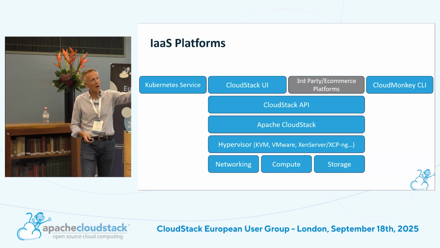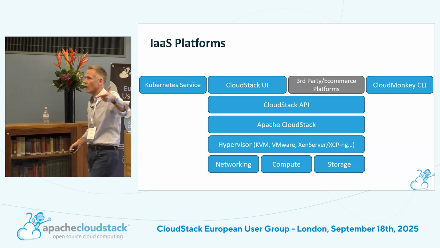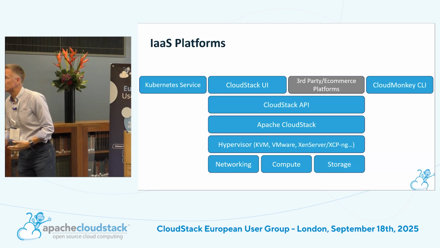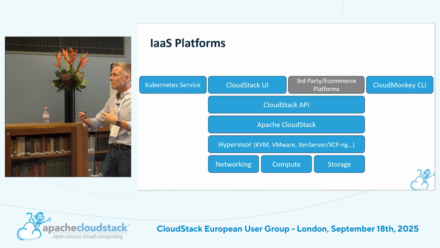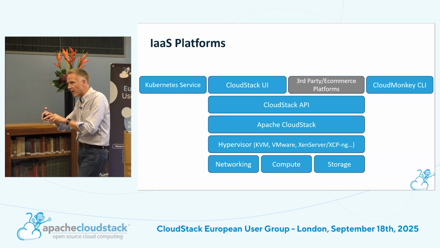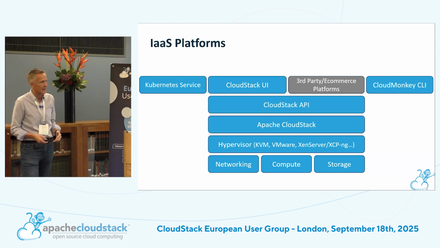Around the edge you've also got a bunch of third-party e-commerce platforms for CloudStack, like Stack Console, HostBill, etc. There are lots of off-the-shelf solutions you can buy if you want to provide something very similar to Amazon, where you type your credit card in, start up your instances and machines, and off you go and get billed automatically.